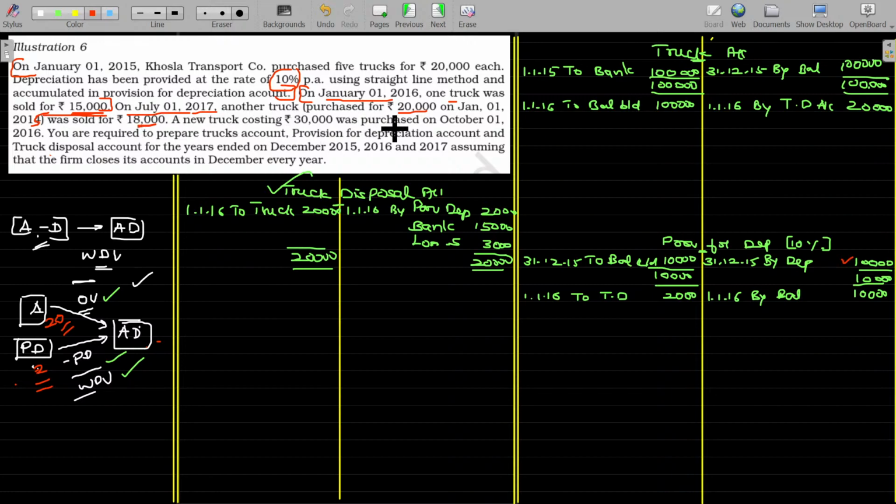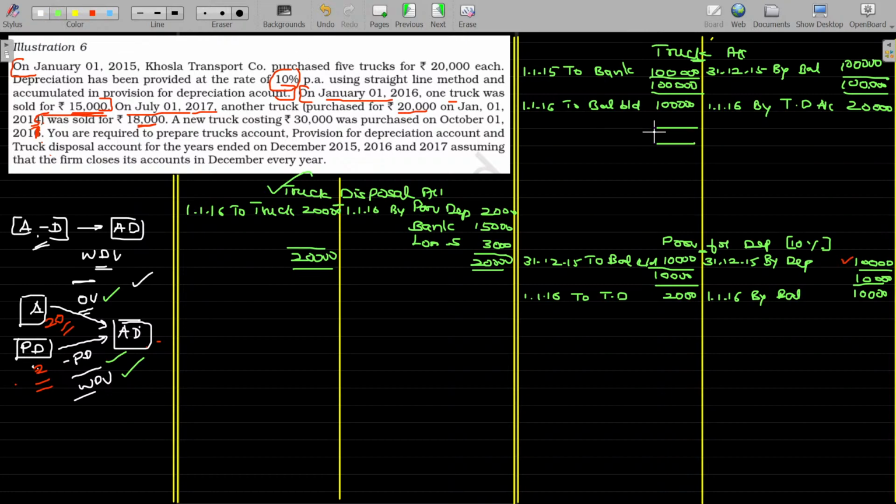A new truck costing 30,000 was purchased in October, it should be 2017. There is an error; it's not 14, this is 15, this is not 16, it's 17. For the year 2016, no other adjustments are required. Just close it off.